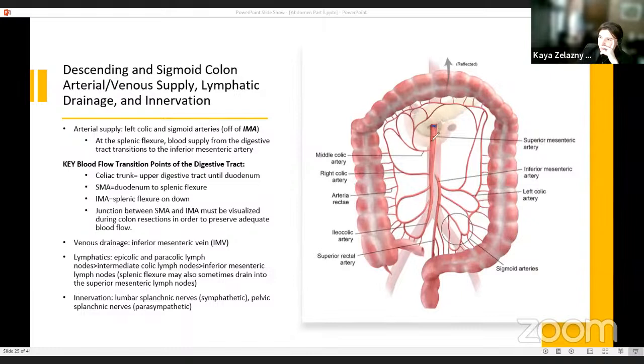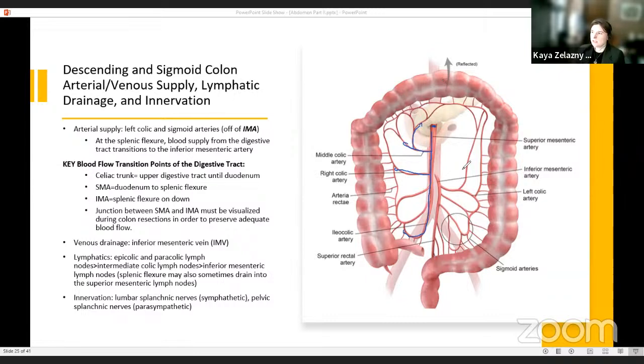And we were looking at all its branches, right? We had our ileocolic artery going here. We talked about our right colic artery. We had our middle colic artery and its branches, right? And that got us basically across the transverse mesocolon.